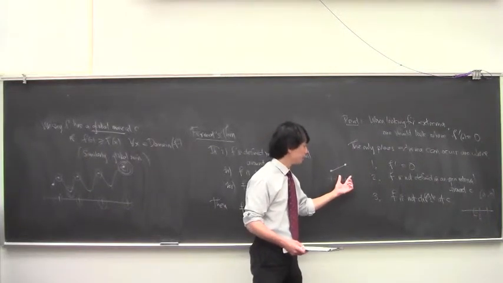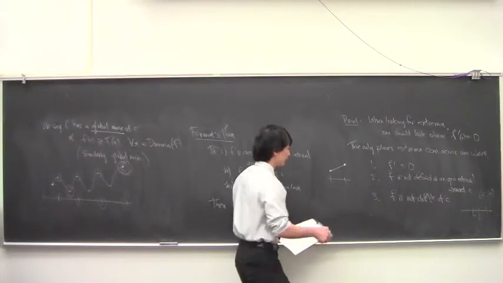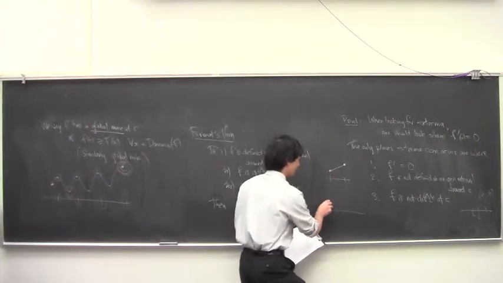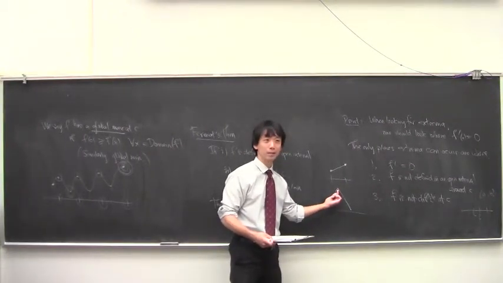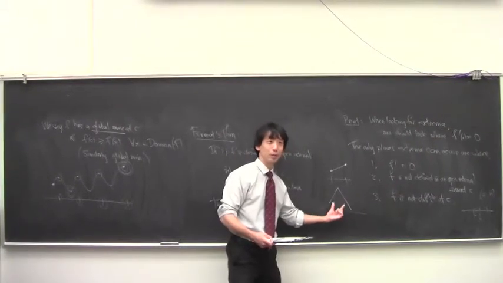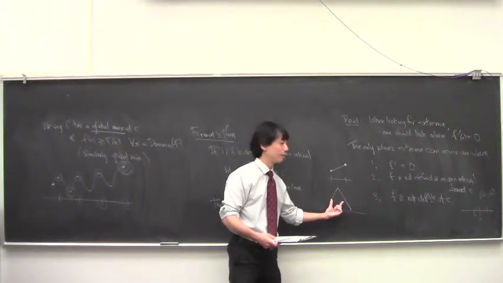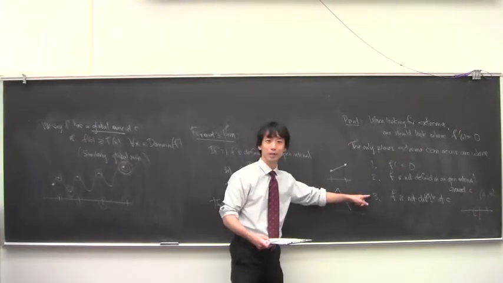So that's category 2, right? And then somebody would come along and say, well, what about this? Here's a max, and the derivative isn't 0, and the function is defined in an open interval around it. My answer would be, well, f is not differentiable at c, so this falls into category 3.